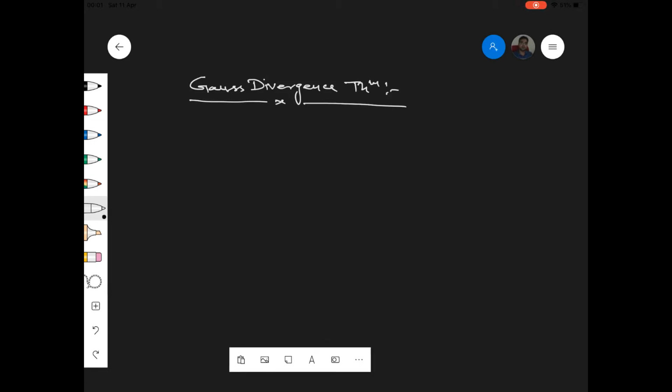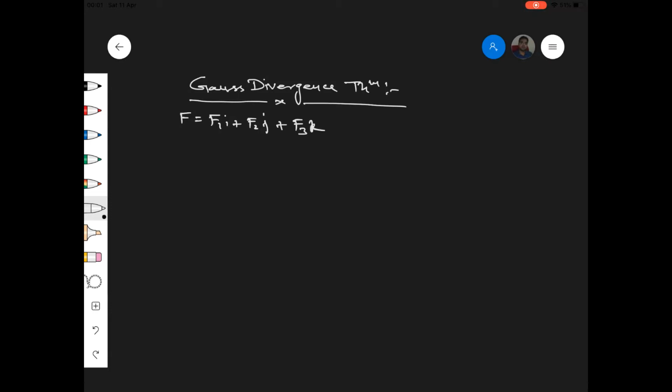Let F equals f1 i plus f2 j plus f3 k be a vector field where the components of F, say f1, f2 and f3, have continuous first order partial derivatives.